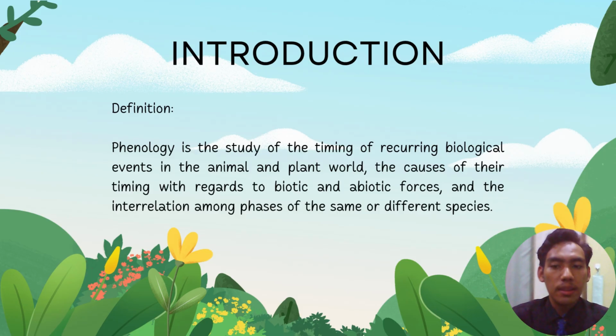For example, in wheat farming, phenology helps us track when the plant germinates, starts growing leaves, begins flowering, and eventually matures for harvest.